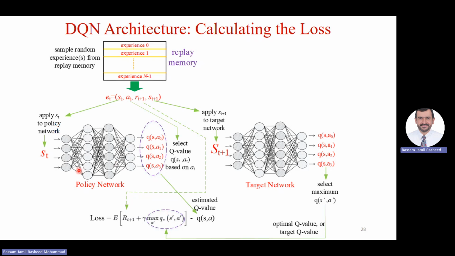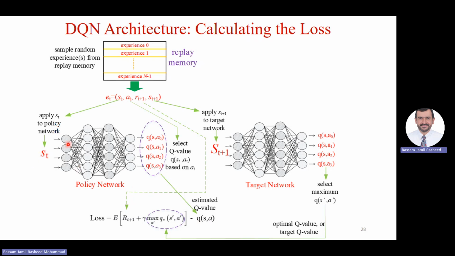So the same network will estimate for me the Q values and the maximum for the next state. This method of using one policy network can lead to instability in simulations. So what people did is they separated these two networks. One is the policy network and the other one is the target network. The policy network produces the Q value right here, which is coming from the current state.